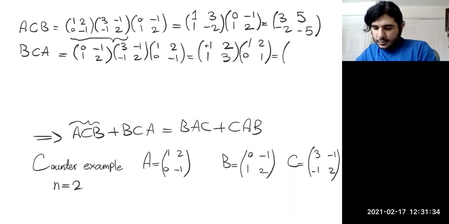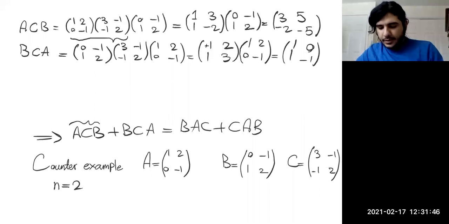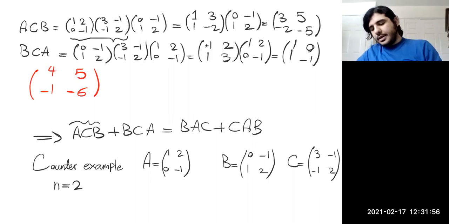This is equal to 2 minus 2, which is 0, 1, and 2 minus 3, which is minus 1. So the sum of these two, the quantity on the left-hand side, is 4, 5, minus 1, minus 6.